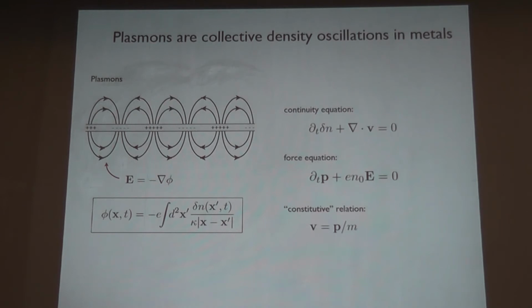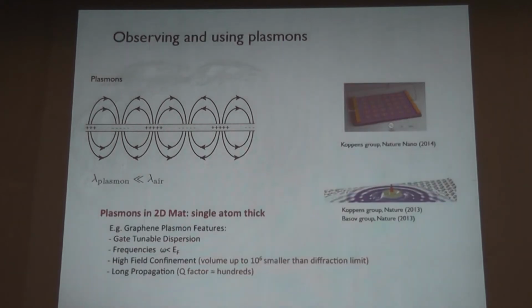So I get this plasma which propagates in a system. So very good. Now we understand what a plasma is in these metals. What is anomalous? And why do we care about this? The reason we care is that in recent years there's been great interest in plasmons, and there are many reasons why, but one of them is that they can confine light to a very, very small volume, smaller than the wavelength of light.